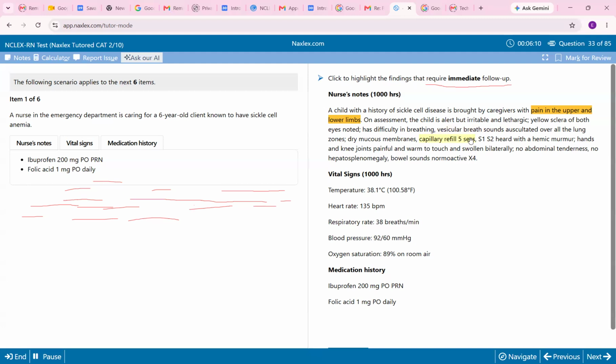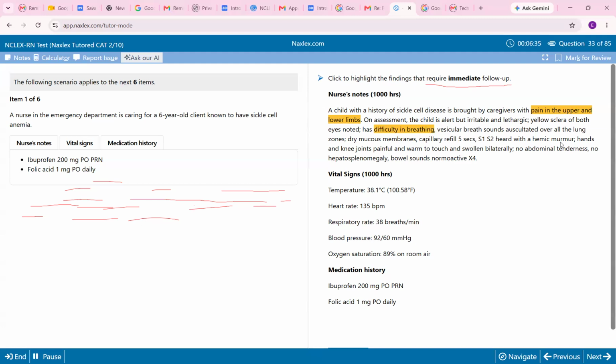Just mark difficulty in breathing. Vesicular breath sounds diminished. Overall, the lung sounds. Capillary refill 5 seconds. S1, S2 heard with an hemic murmur. Hands and knees feeling painful and warm to touch.